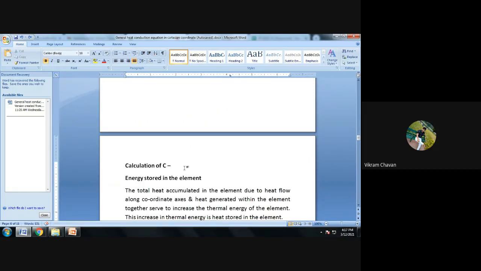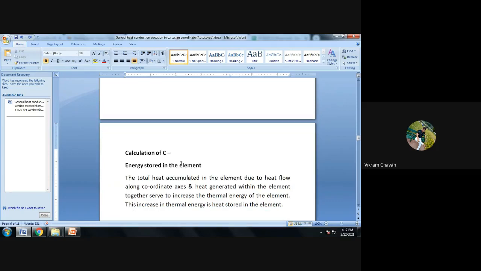So energy stored in the element. For that purpose, this is the third part of the equation, so calculation of the C. The net heat accumulated inside the element and heat generated by the element both serve to increase the thermal energy of the element, and this thermal energy is called the heat stored in the element.